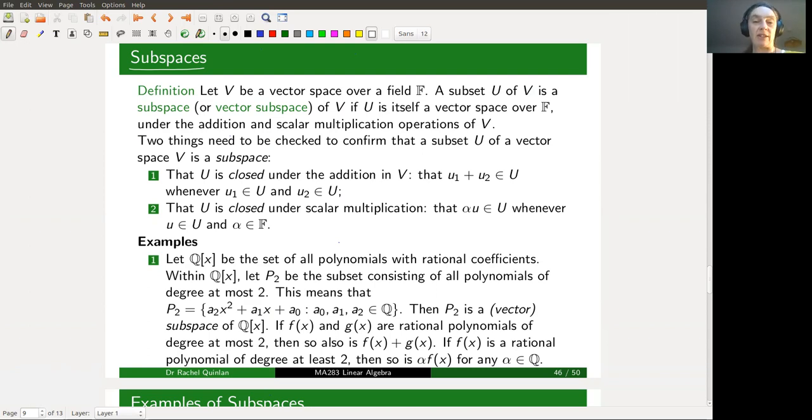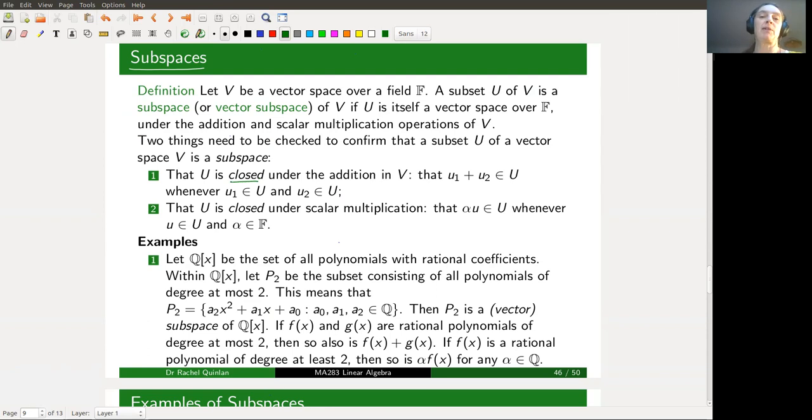And what needs to be checked to confirm that some subset of a vector space is actually a subspace is 2 things. That the subset is closed under the addition of the vector space. That is, when we take 2 elements of the subset or the subspace and add them together in the larger vector space, we're still within the subspace. The lingo for that is closed under this operation of addition, which is quite useful to have in your vocabulary.